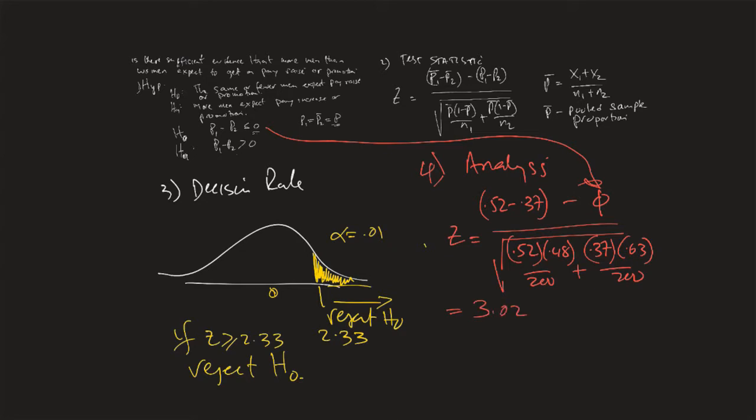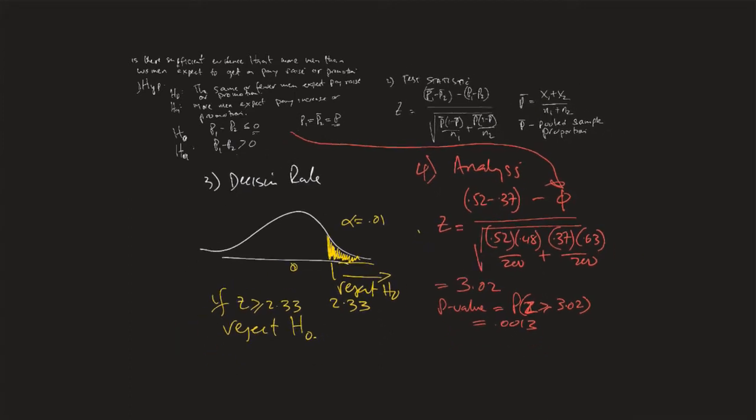Since this is a one-tailed test, our p-value is just equal to the probability of z greater than 3.02, and that turns out to be 0.0013. So now we have our p-value and our test statistic. We know our critical value is 2.33, so we are exceeding that. So we clearly will have evidence to support us.